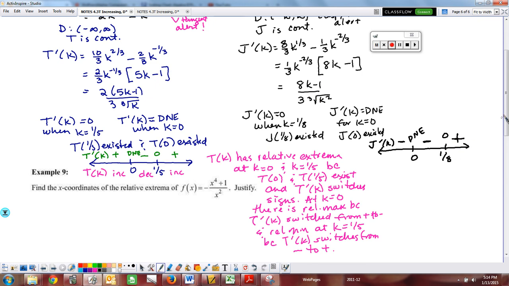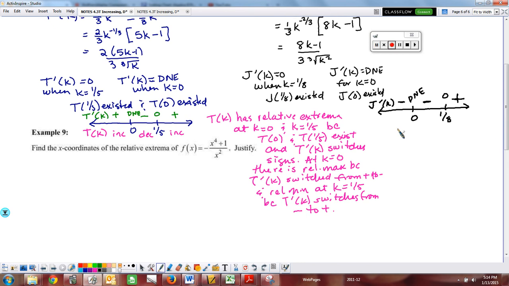Part of the reason why we had this example in there is you see that on j of k, what we know is that the function decreases and then increases if we do the increasing decreasing test. So when we're looking at this, what's happening at k equal to 0 is not a relative extrema because the derivative did not switch sign.